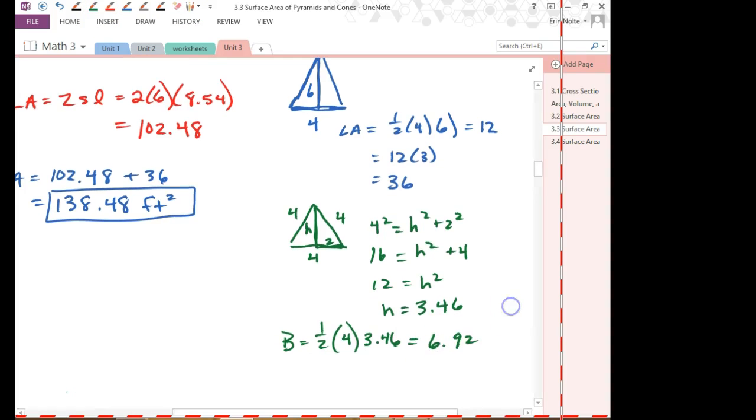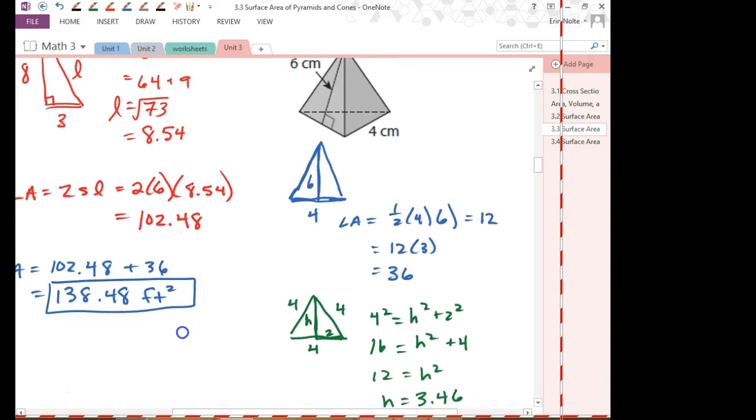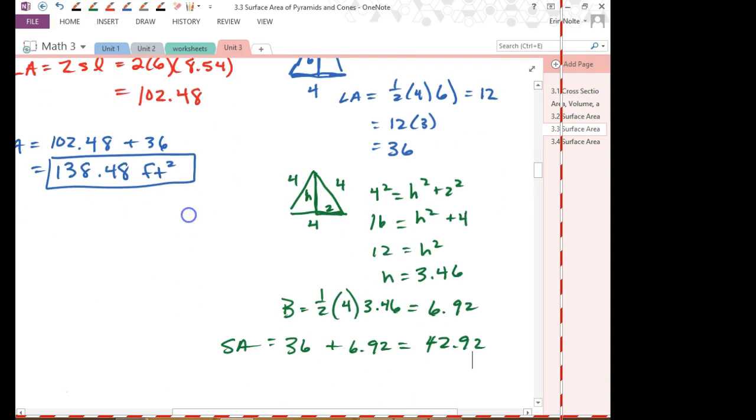There we go. So then if I just add the lateral plus the base, so we got 36 plus 6.92 will give us our total surface area to be 42.92, and we would label that centimeters squared.